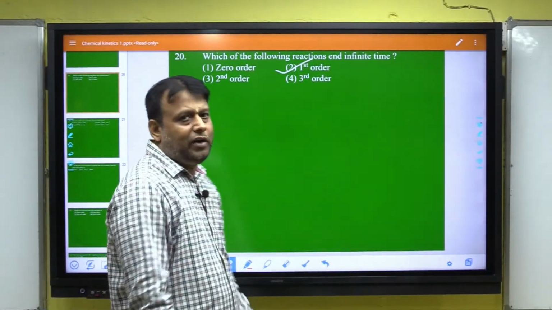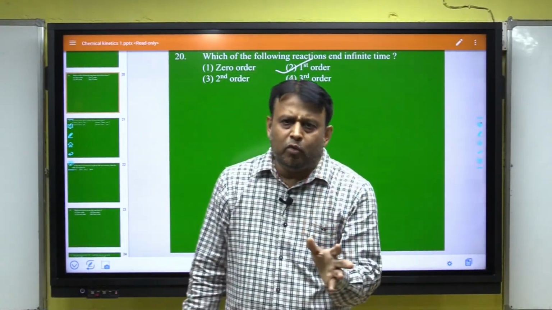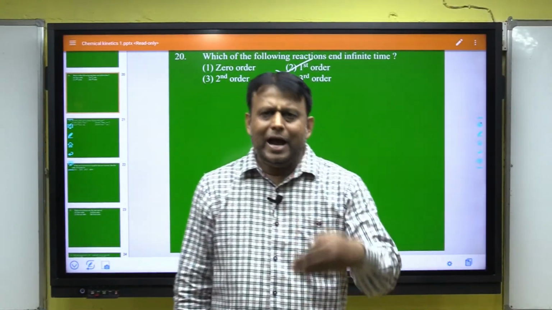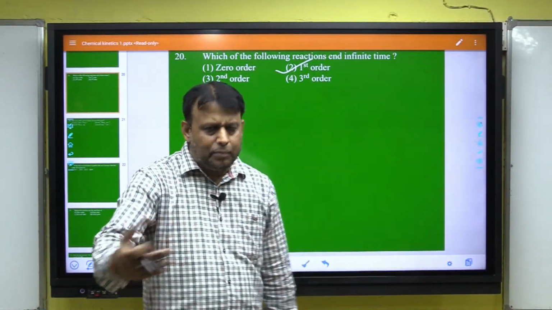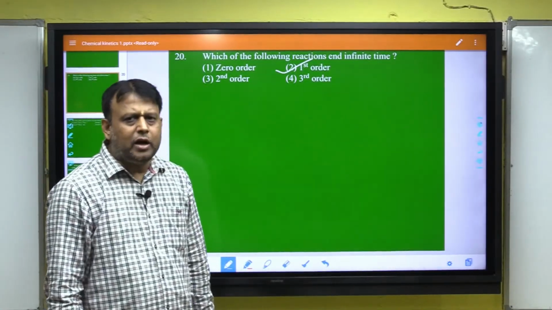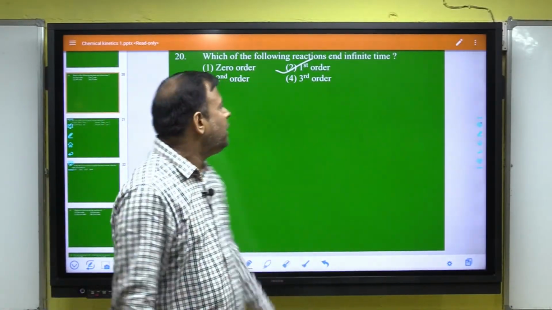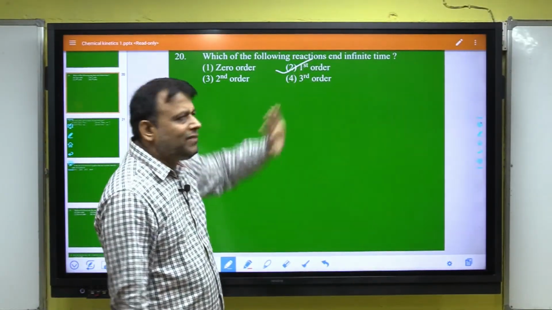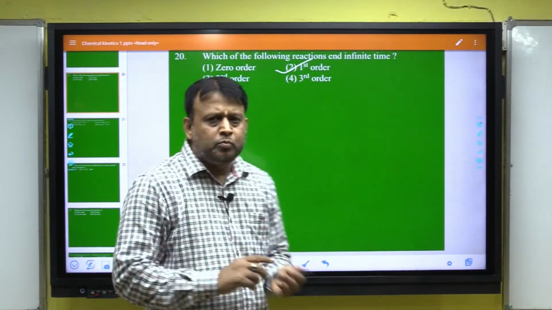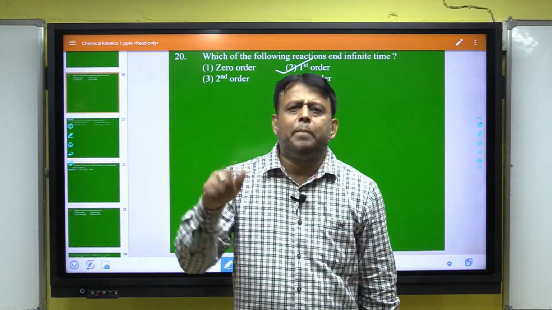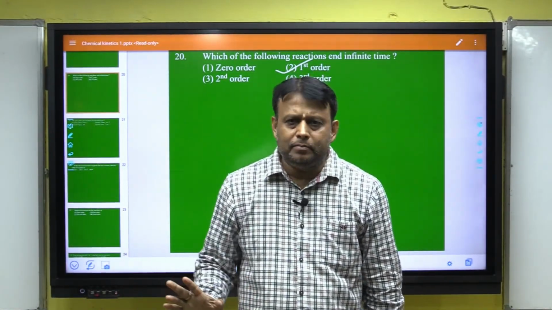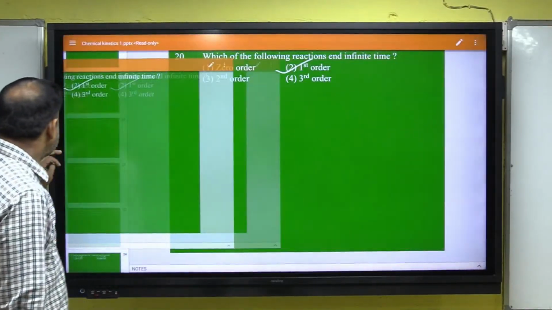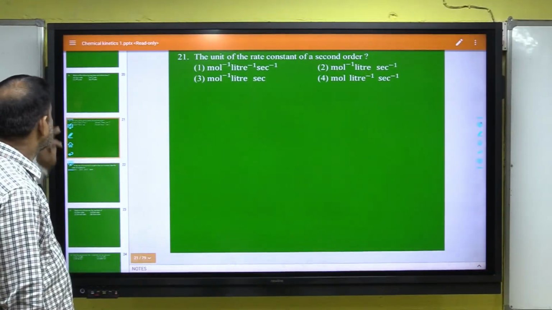Example, radioactivity, conversion of N2O5, ये सब conversion of SO2, I will write after some time examples of first order. Radioactivity process first order, and which of the following reaction end infinite time, that means first order. Always keep in mind, first order reaction complete in infinite time. Clear? Next, question number 21.